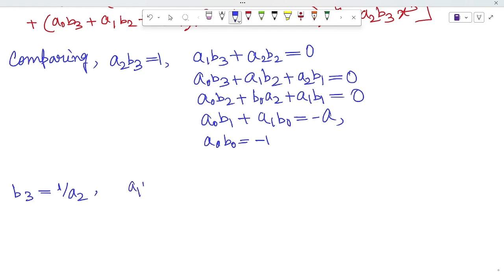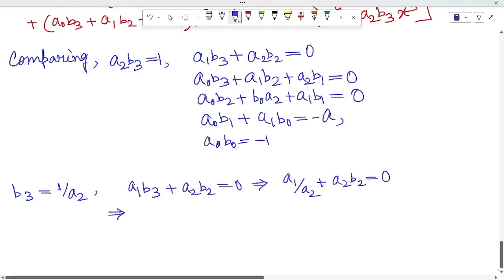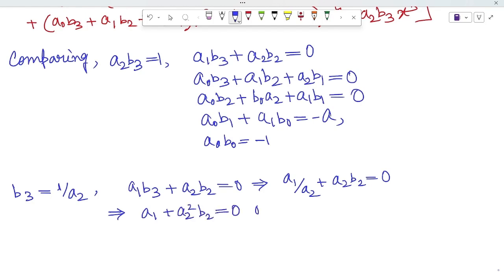So A1 B3 plus A2 B2 equal to 0. That will imply A1 by A2 plus A2 B2 is 0. That will imply A1 plus A2 square B2 is 0.